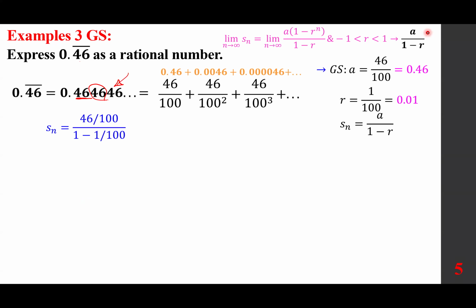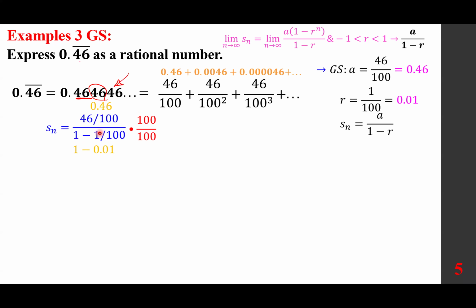Now, you can use fractional format or decimal form. If you go with the fraction, you're dealing with a complex fraction. You will multiply the top and the bottom by the LCD, namely 100, to fix the problem. This becomes 46.